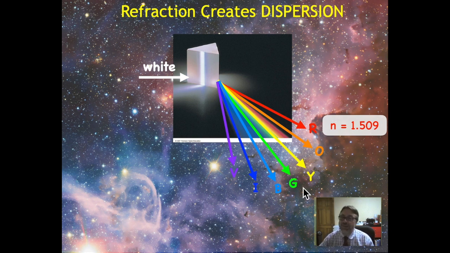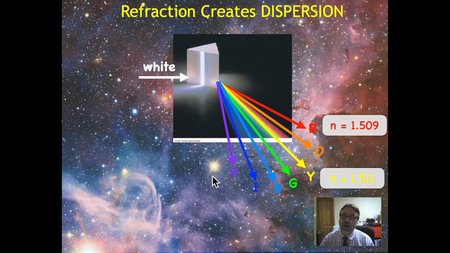If I then compare it to measure the index of refraction for yellow light, I would see that it's also close to 1.5, but it's 1.511. So basically, it has a slightly larger index of refraction than the red light does. Because it has a slightly larger index of refraction, the light slows down just a little bit more, and the yellow light will bend a little bit more than the red light.